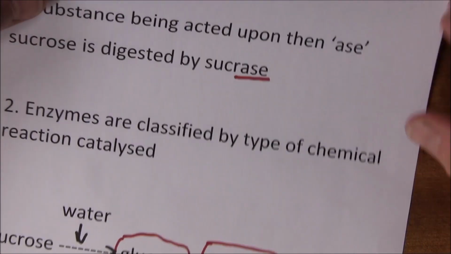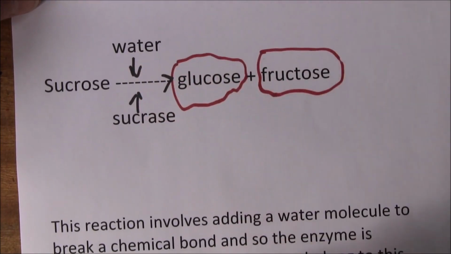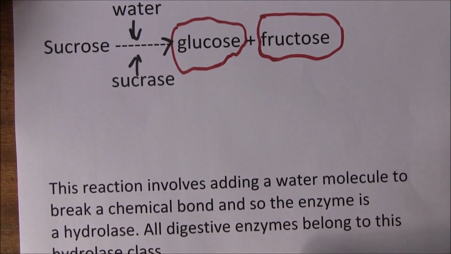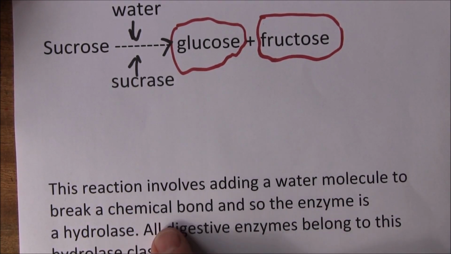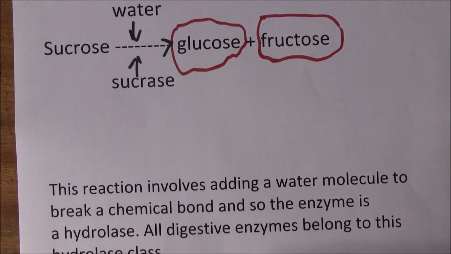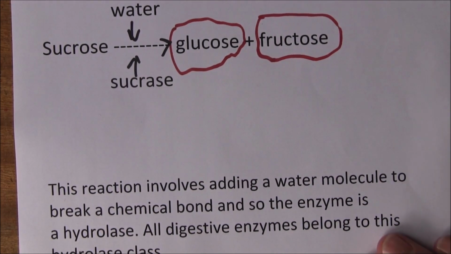And so this reaction, as we can see, involved adding water. So this reaction involves adding a water molecule to break the chemical bond. And that's why it's a hydrolase. It's a hydrolase enzyme. So all digestive enzymes are actually hydrolases.